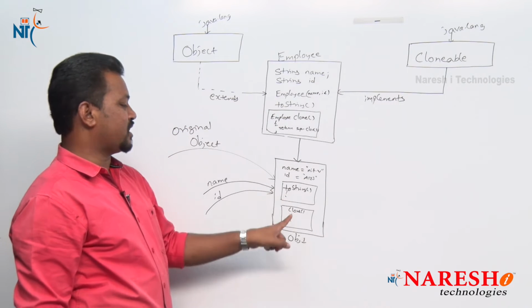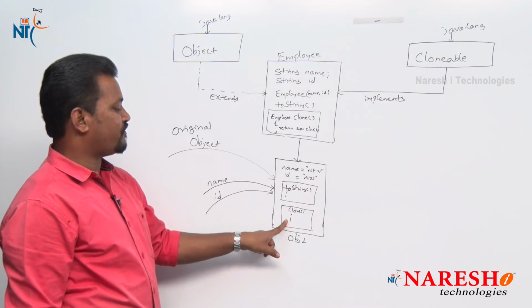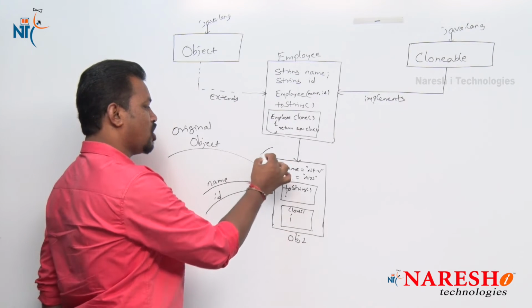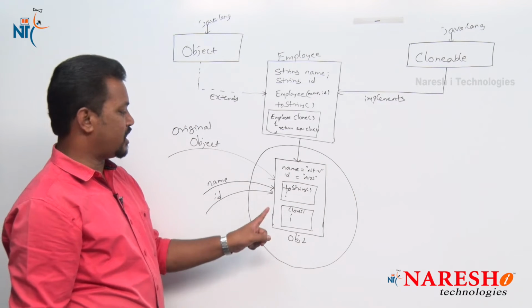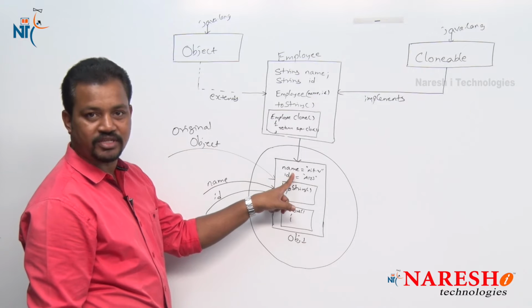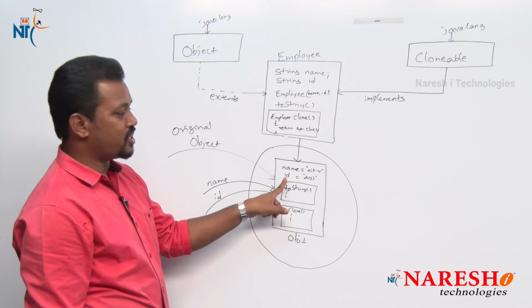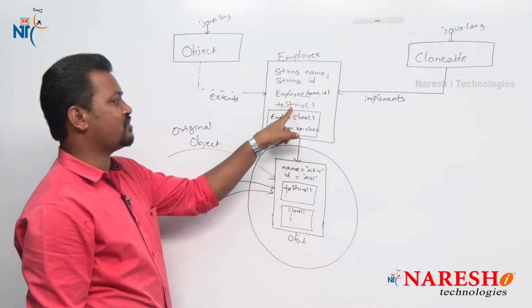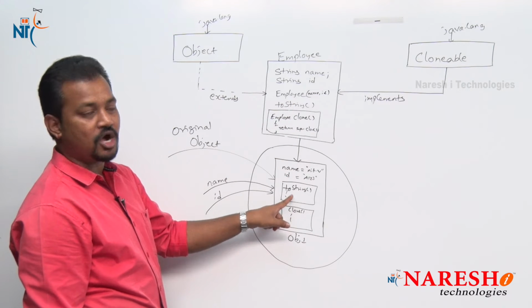Now the methods available here come here. The toString method is available here and the clone method is available here. So finally this is the original object created. In this original object I have the values for the instance variables name and ID A123, and the toString method which I declared within the class is bound to the object.